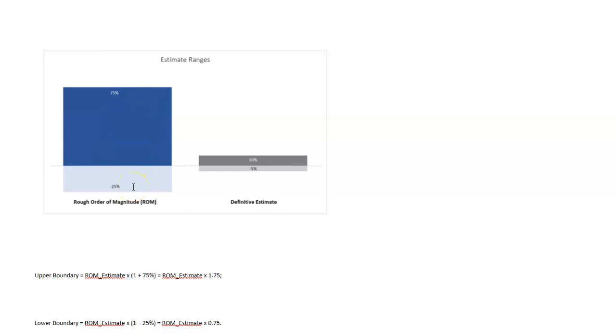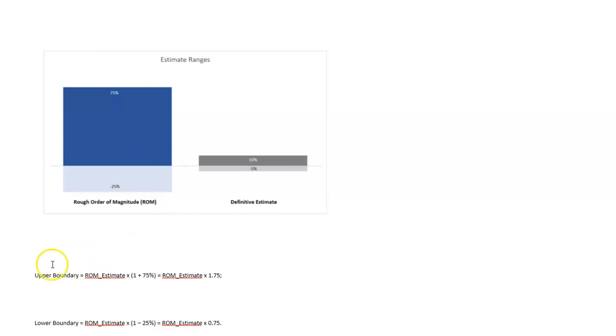As I said, if it is 100 hours of effort you have estimated as a ROM, then you can safely consider that it can go above, up to 175, and in certain cases somebody might overestimate also. So in that case, it can come down to 75%, 75 hours also.